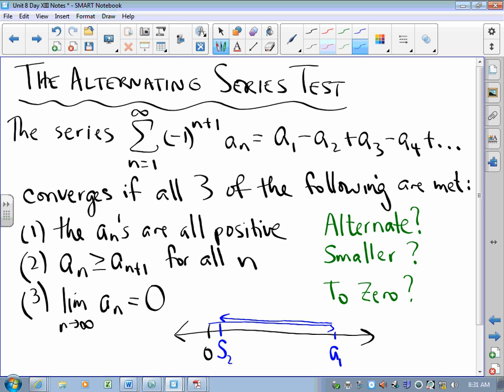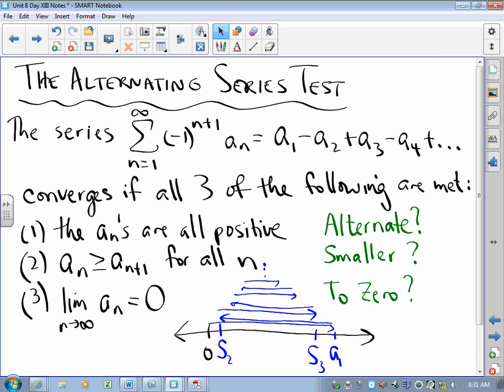And then the third partial sum is the sum of a1 minus a2 plus a3. So a3 is going to take us back this way, but not as far as a2 did. Here's the third partial sum. And so you keep doing this back and forth, but never as far as you were before. And so eventually, what has to happen?